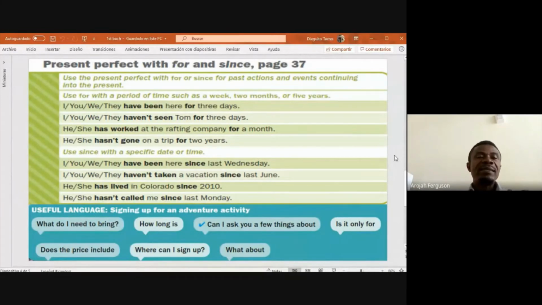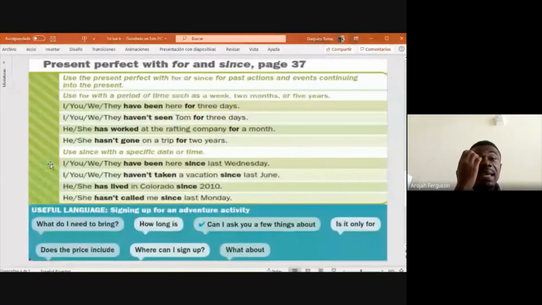Use since with a specific date or time. So for since, we use a specific date or time. Good, let's have some examples. I have been here since last Wednesday. Last Wednesday is a specific date or a specific day.